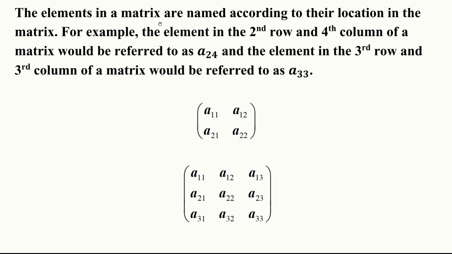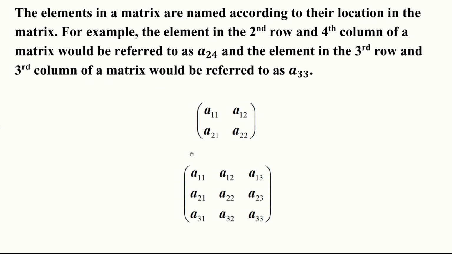The elements of a matrix are named according to their location in the matrix. For example, the element in the second row and fourth column of a matrix would be referred to as A with a subscript 2,4. And the element in the third row and the third column of a matrix would be referred to as A 3,3.